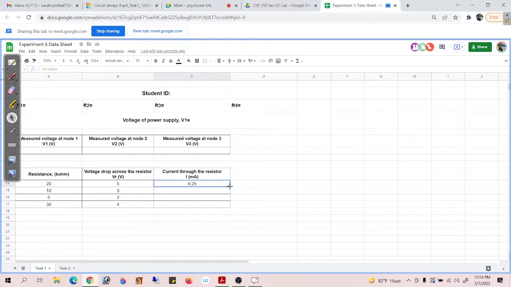So what you will have to do is drag the entire thing up to this last cell. Then you will be able to automatically calculate all the current values for each of the resistances. Did I make myself clear, or is there any further confusion regarding this?